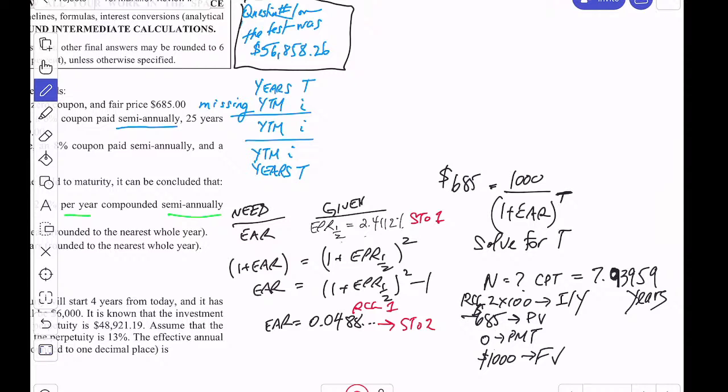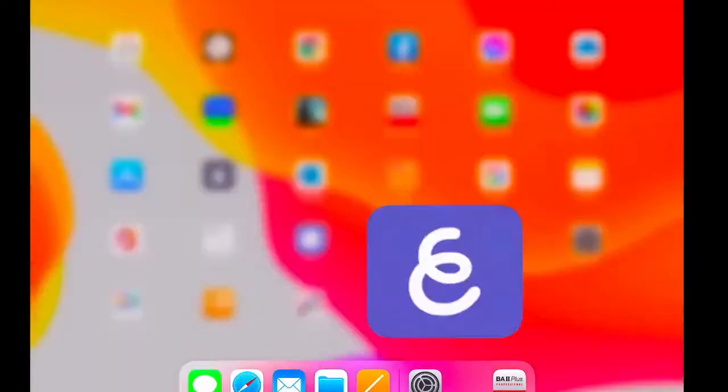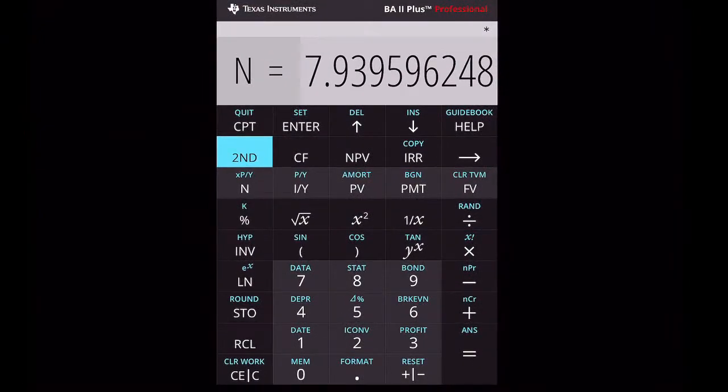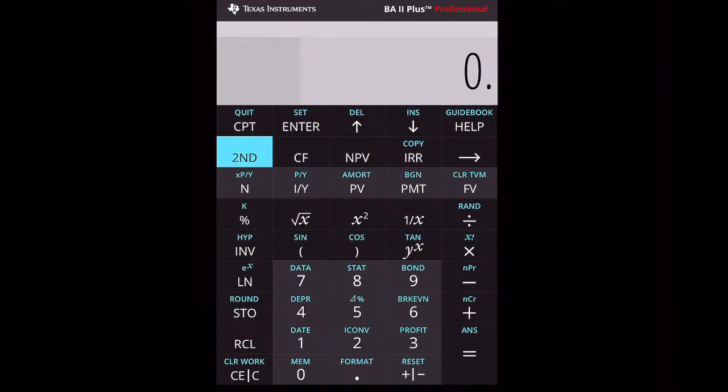Hello, everyone. All right, let's do this again. I have in store 1 this amount, and I convert it to an effective annual rate like that.